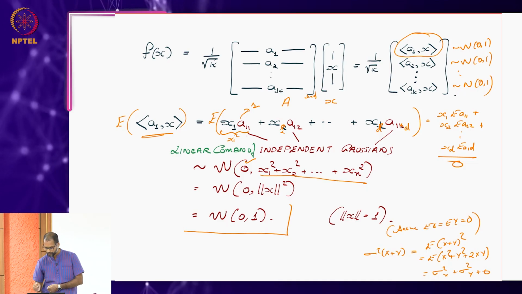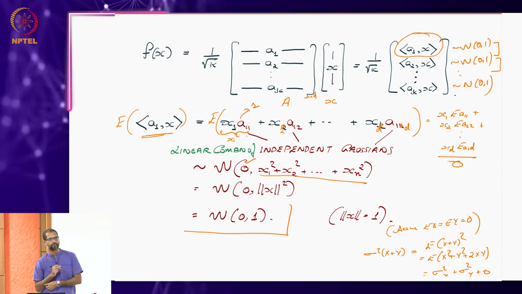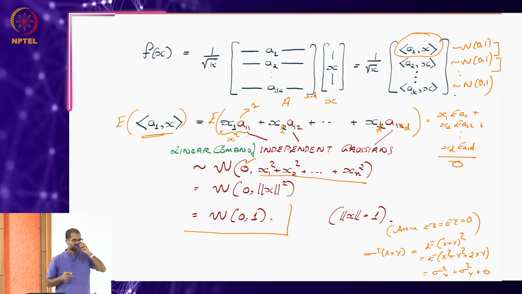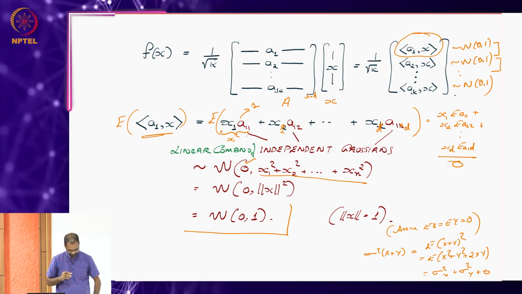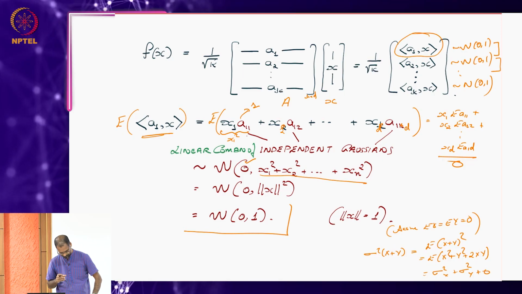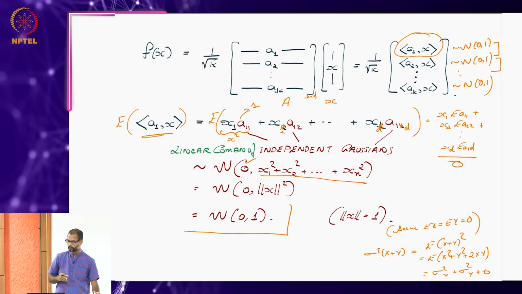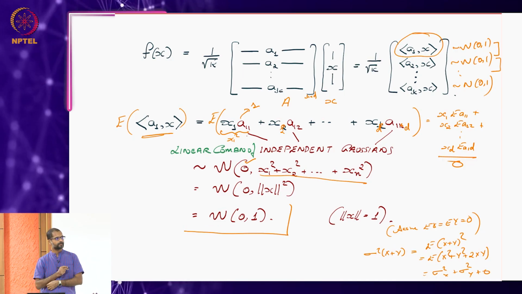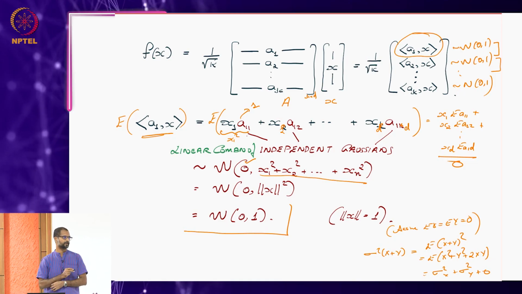Are they independent? You know, is there an independence between this and this and this, etc.? Think about it. What are the random variables that come together and make the first entry? They are all the random variables in the first row of A, right?